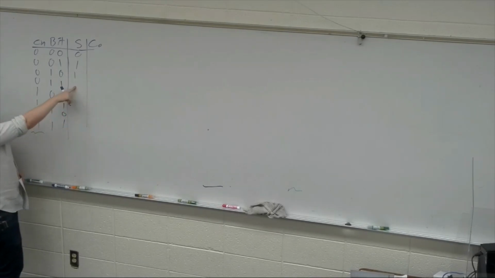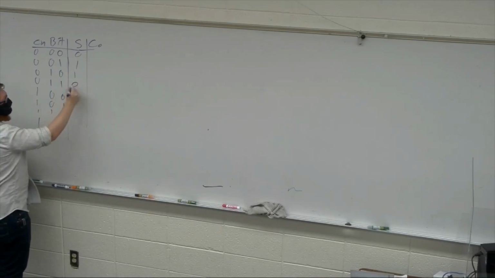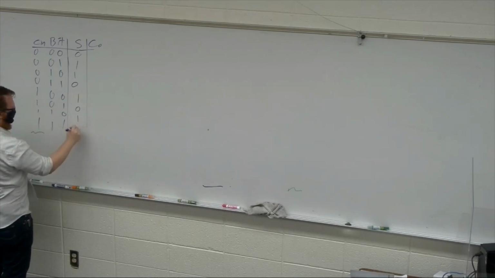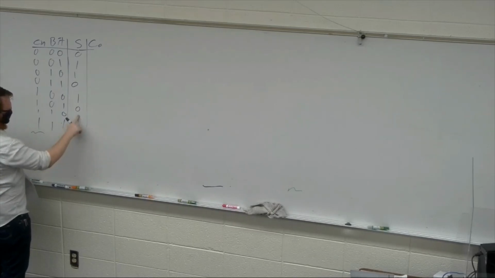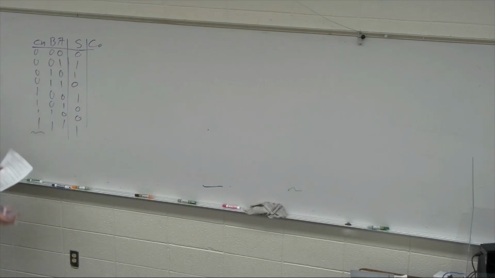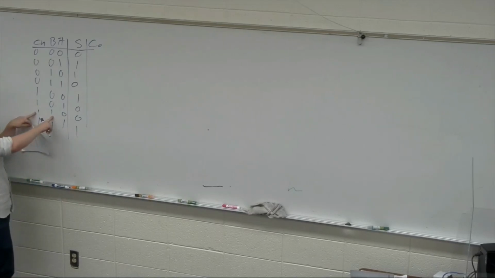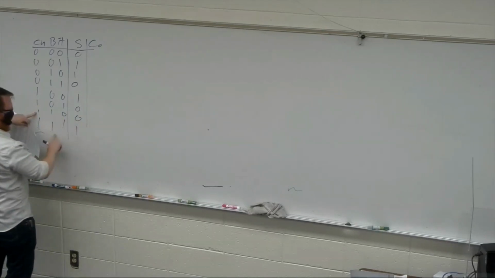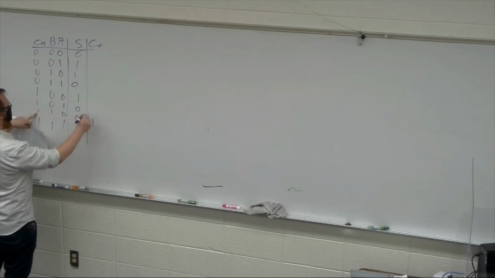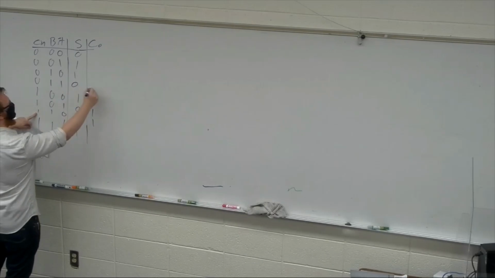Well, it turns out this is 0, right? And then back to 1, 0, 1, oh, 0, 1. Right, and then the carry out just happens on any time that we have 2 1s or even 3 1s. Right? 1, 1, 0, 0.